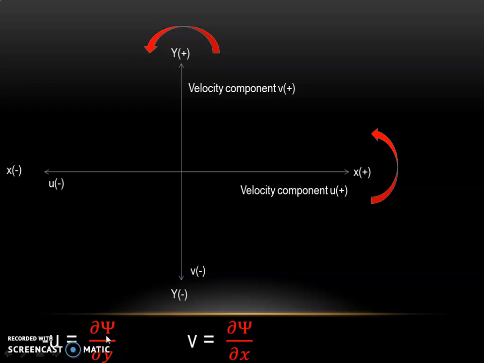Similarly, the partial derivative of psi with respect to direction y, that is positive y direction, will give us the velocity component which is at right angles to y. So the velocity component which we get is minus u.